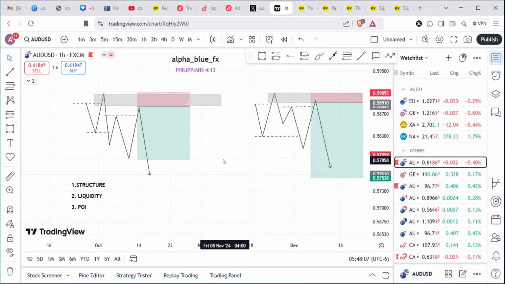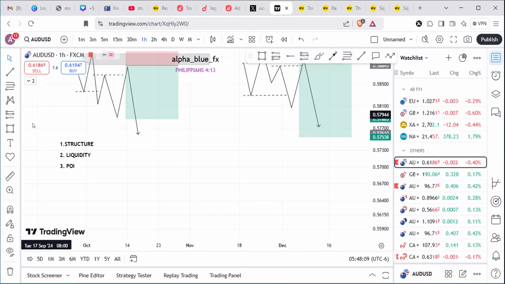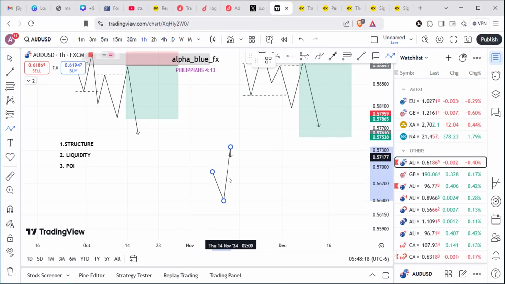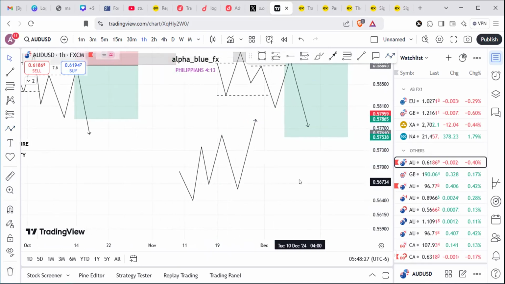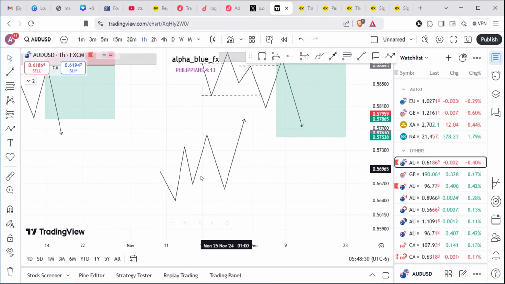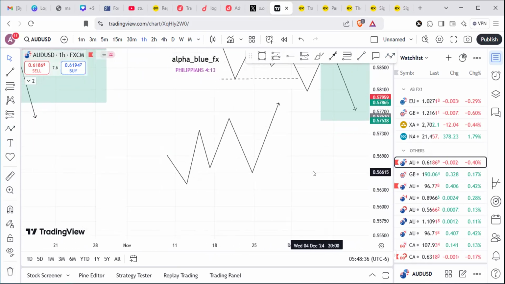If you're trying to buy, let me quickly draw how a bullish structure will look. So for a bullish, you have something like this, right? So market sweeps liquidity.